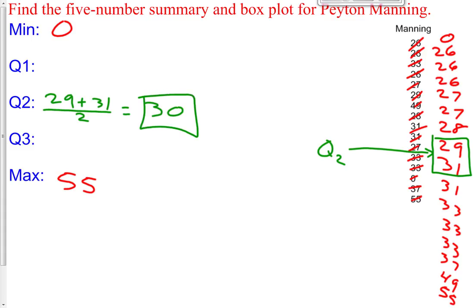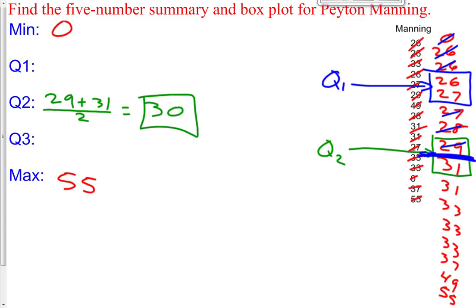So there's Q2. Now Q1 is the median of the lower half. So right here is where Q2 is, and now we're just going to cross off a couple here: 1, 2, 3, 1, 2, 3. And this right here is Q1.